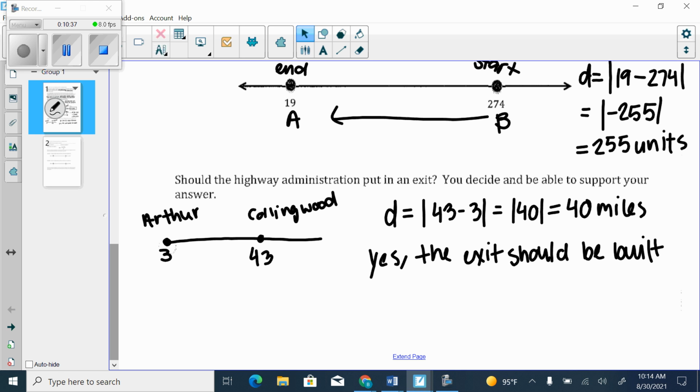Because our distance was 40 miles. And they said it only had to be 38 or more, right? So, which is greater than 38.